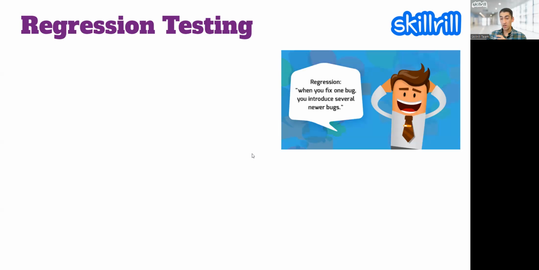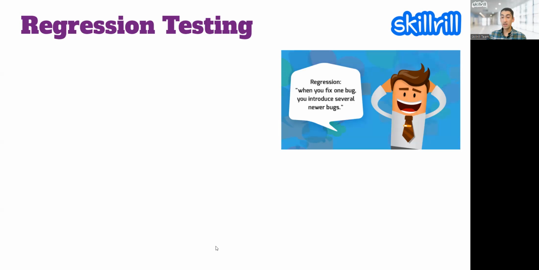Okay, now another strong reason why organizations use test automation is regression testing. So what is regression actually? Let's answer this question. Regression means that developers, when they're fixing the code, might unintentionally cause a new defect.